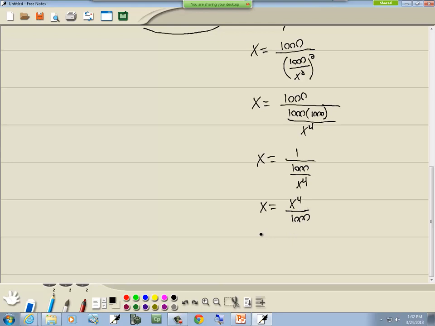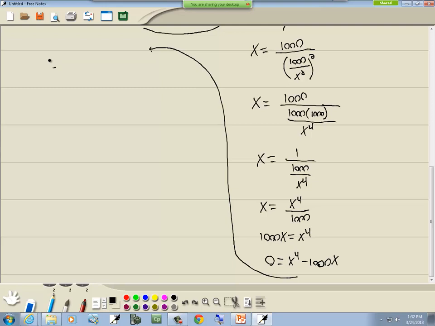Multiply both sides by 1,000, and we get 1,000x is equal to x to the fourth. Take that over to the right side, and we've got 0 is equal to x to the fourth minus 1,000x. Factor out an x, GCF, and we get x times x cubed minus 1,000.